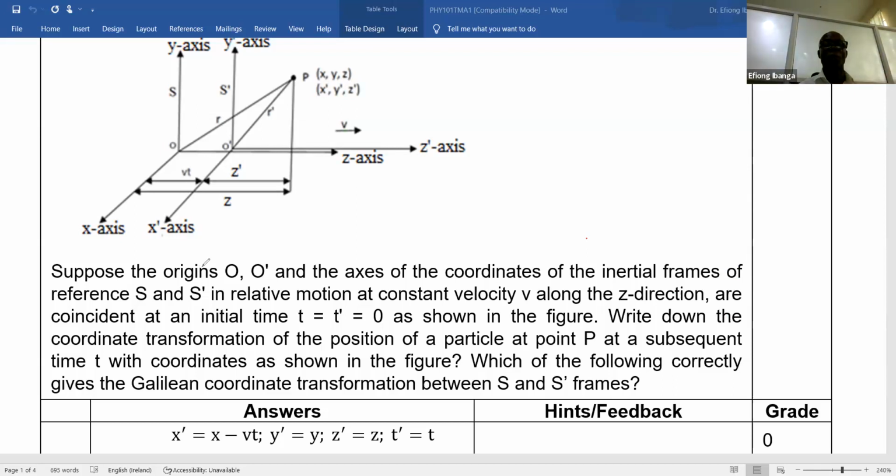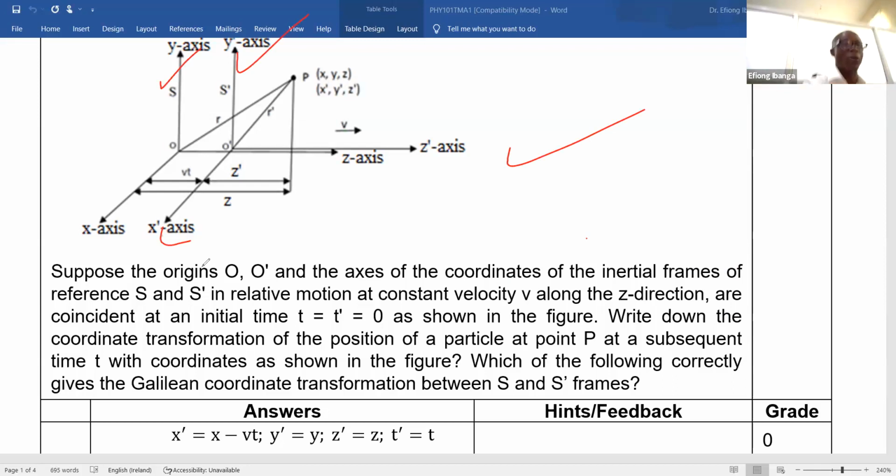The ones that are perpendicular will not be affected, because my x and y axes are perpendicular to the axis along which motion is taking place. That is where the motion is taking place. So the x and y axes are not affected by the motion. Is it clear? So the transformation that we are going to carry out is only going to affect the z-axis.